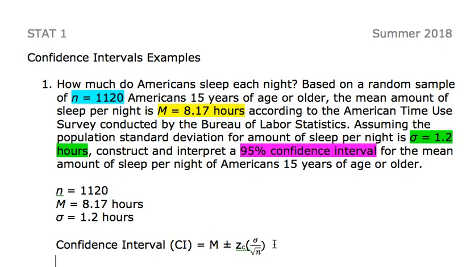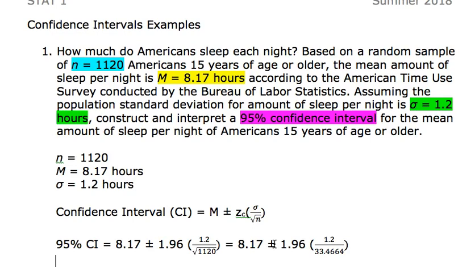We have everything we need to actually construct this 95% confidence interval. So here is the next part. The 95% confidence interval is equal to, plugging in the numbers, 8.17 plus or minus the z critical for 95% confidence, which is 1.96, and that's something that with time you're going to memorize, you're going to have it in your head.